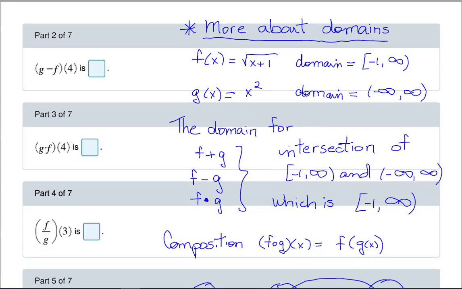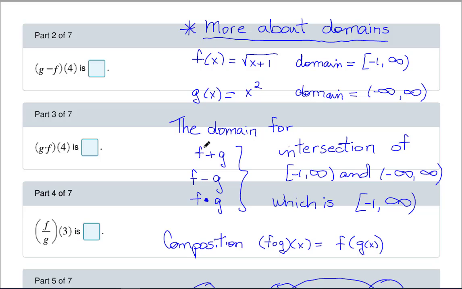Let's talk a little bit more about domains. This would not be on a test, but just so that you have the information. So for example, here's f of x, square root of x plus 1, and g of x is x squared. The domain for f has to be minus 1 and bigger, whereas g of x is just a quadratic function, so its domain is everything.